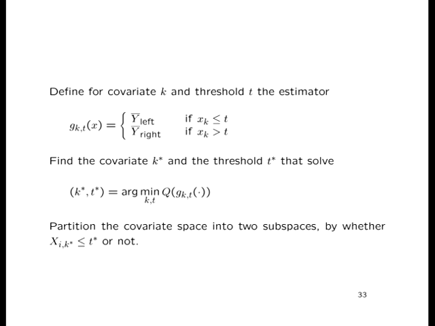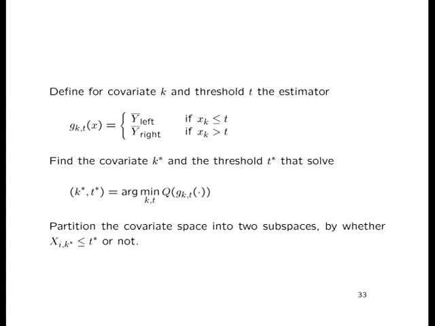But if we split it on a different covariate, we might do better, or if we split it at a different threshold. And so the idea behind the tree algorithm is to look for the covariate and the threshold that minimizes the sum of squared deviations after the split. And so you pick that particular combination of covariate and threshold and split the sample into two subsamples, and then you do that repeatedly.